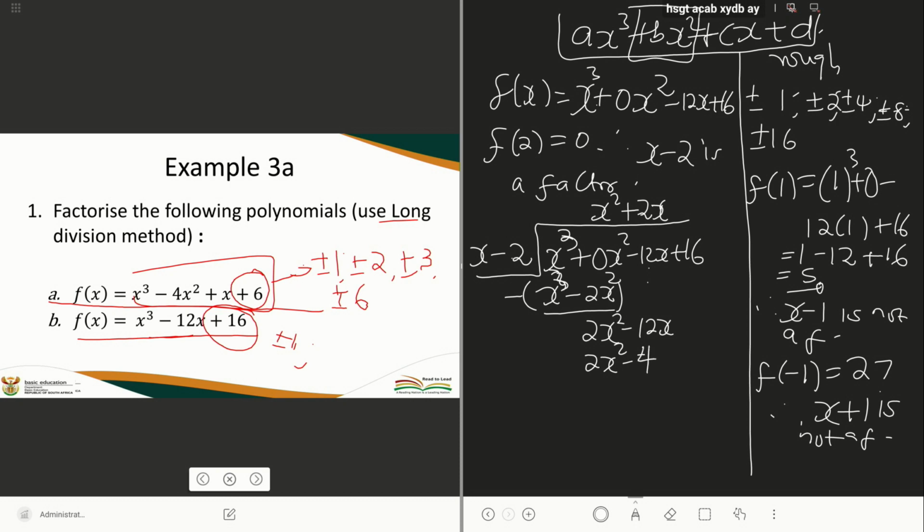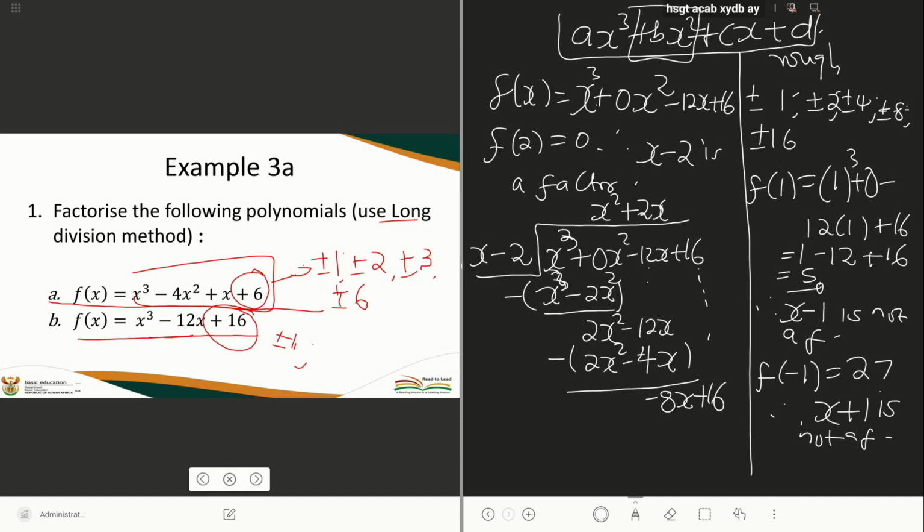Then you subtract the terms. 2x squared minus 2x squared is 0. Then negative 12x minus negative 4x is negative 12x plus 4x. So it's going to be negative 12 plus 4, which is negative 8x. Then we bring down the next term, which is positive 16.